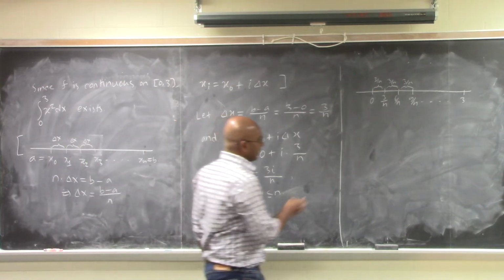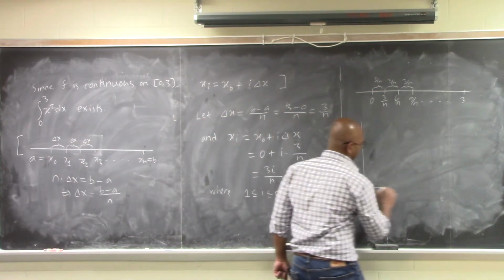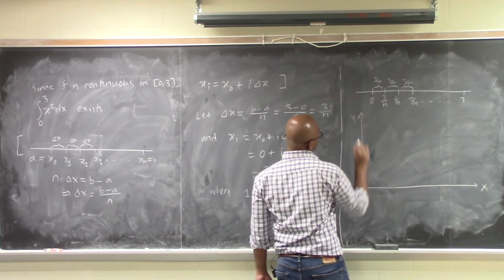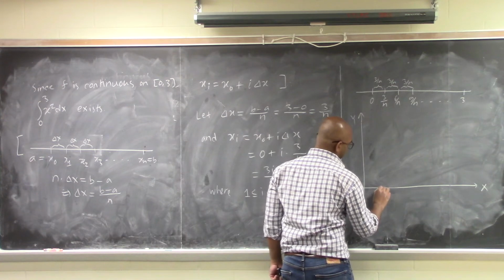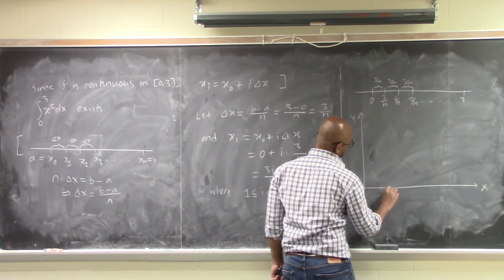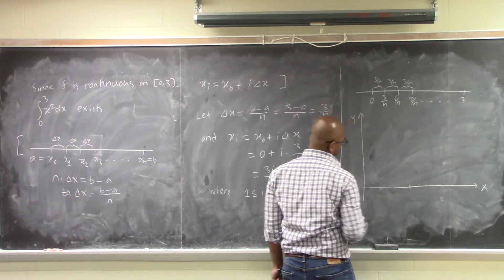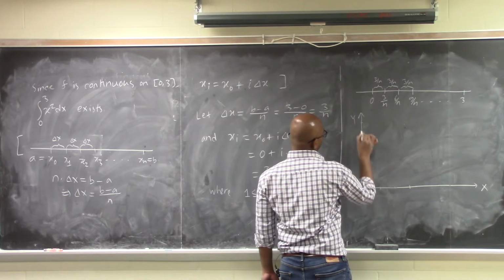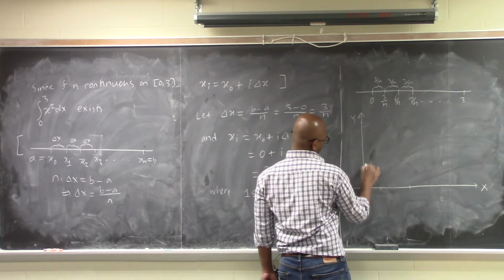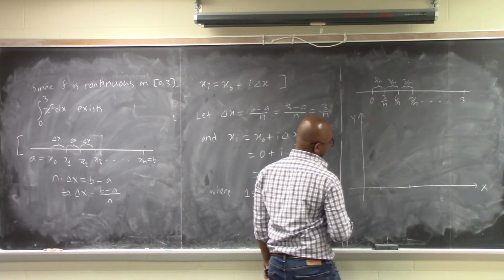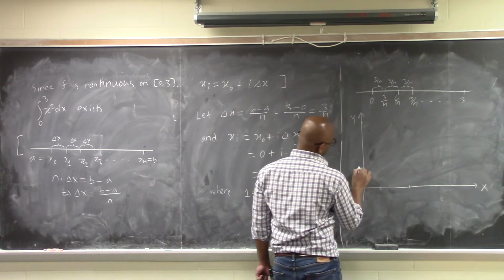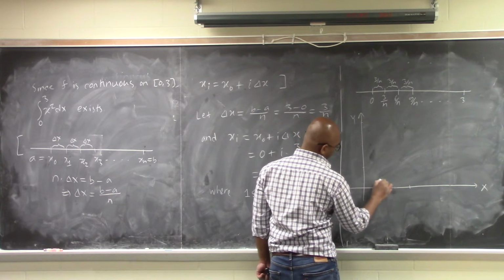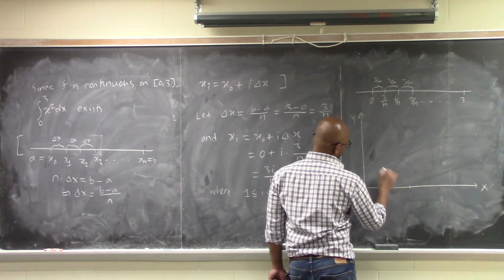Let me graph the picture of this function. Say this is 1, 2, 3. Okay. This is 3, 6, 9. So at 1, this is 1. At 2, this is 4.